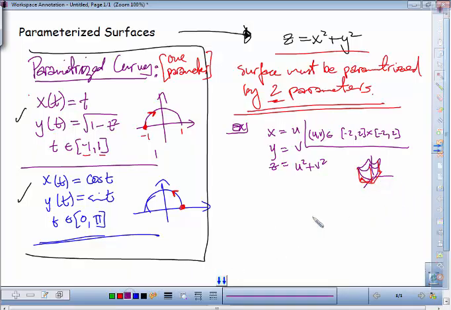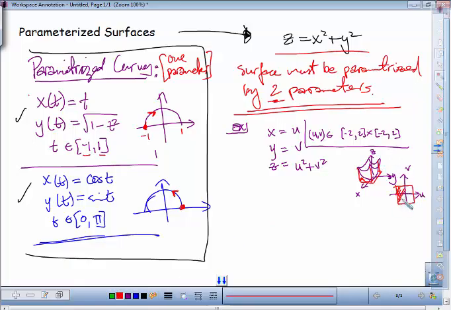So if we look at our domain, since we are using u's and v's here, I think I'm okay calling this a u-v axis instead of x and y, although it might look like an x, y, z space.